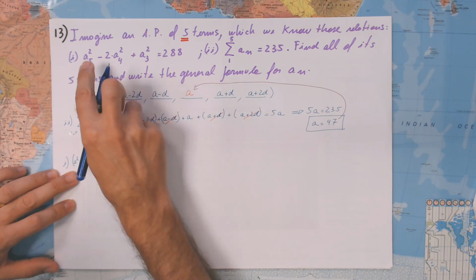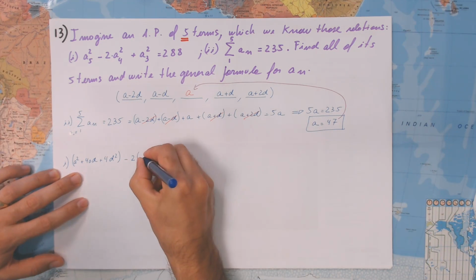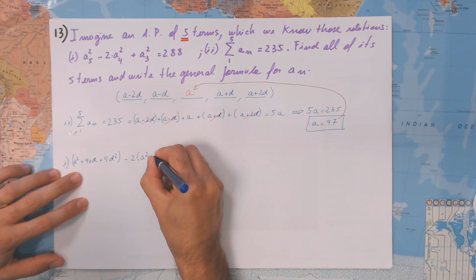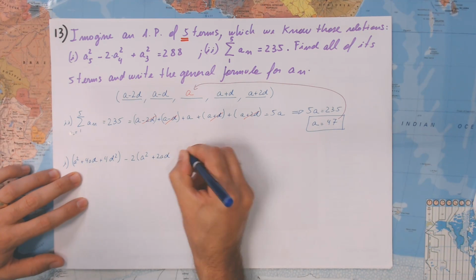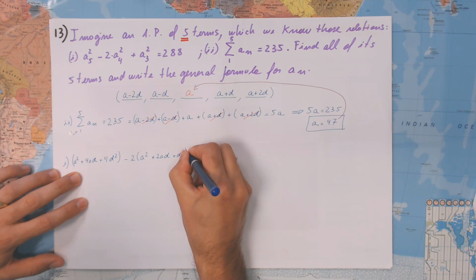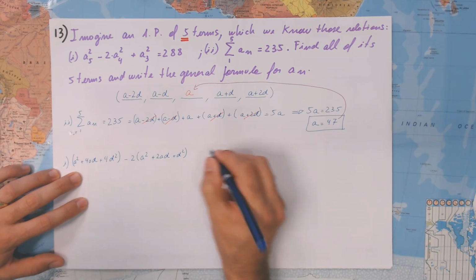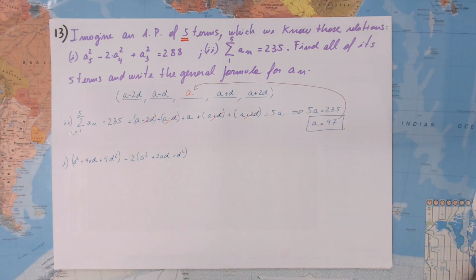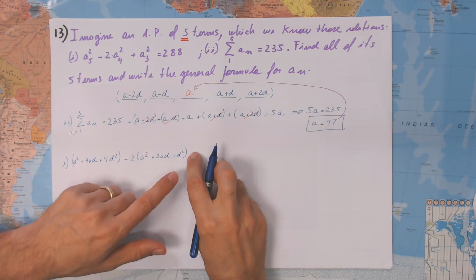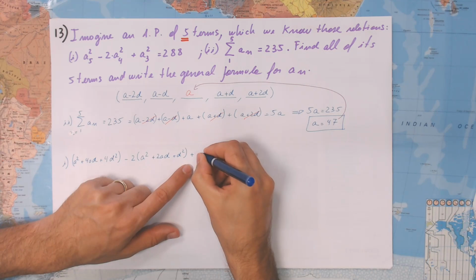This is the first information. Minus twice A4 squared, A squared plus 2AD plus D squared, plus, now we are just going to add A3 squared. A3 is just A.